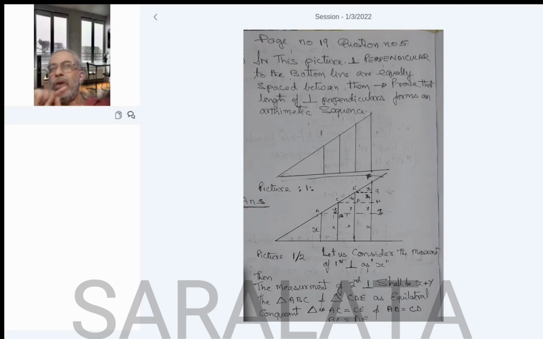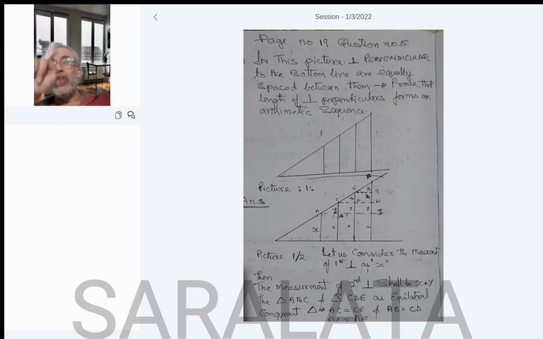Plus the hypotenuse. Now, if I take the third perpendicular also, I'll have one line up to the line x. Then I draw another straight line, and I find that the distance between the y of the third perpendicular can also be termed y, and above that it will be another y difference, because all of them are spaced equally.